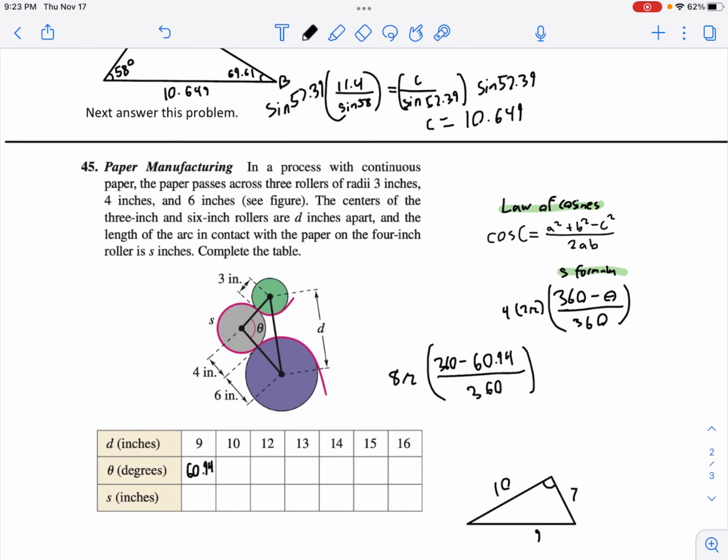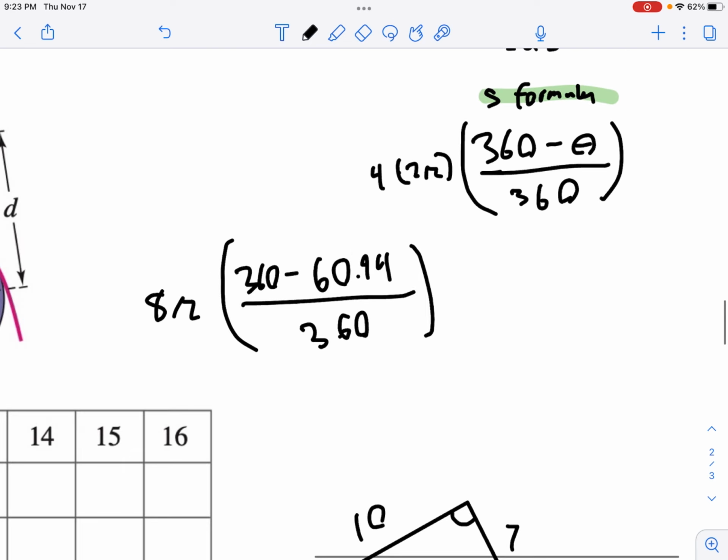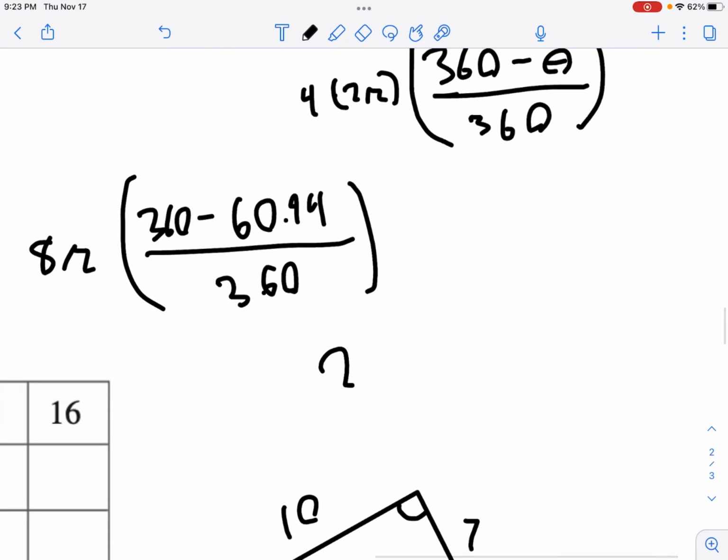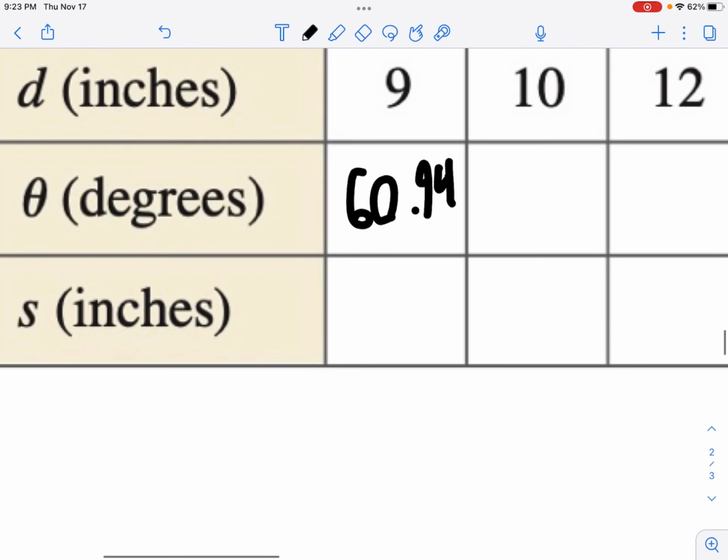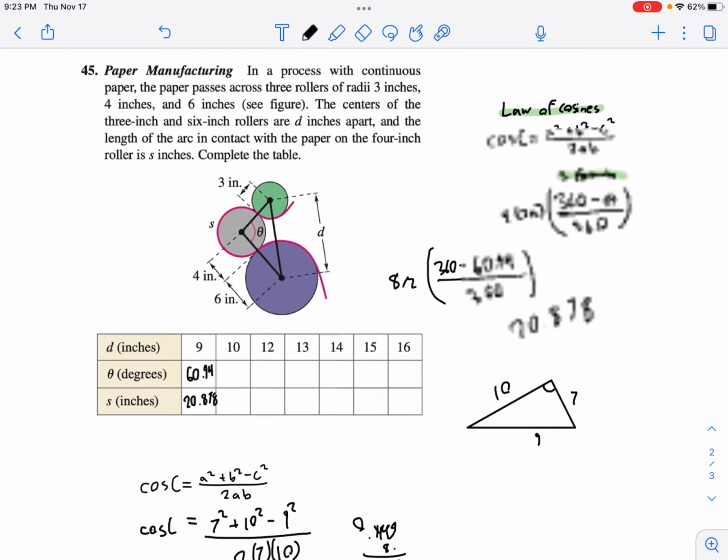Okay, so now, it took me a minute. I got 20.878 inches. We already did all the conversions. We did everything. Okay, that's good.